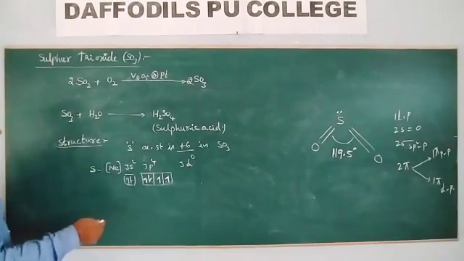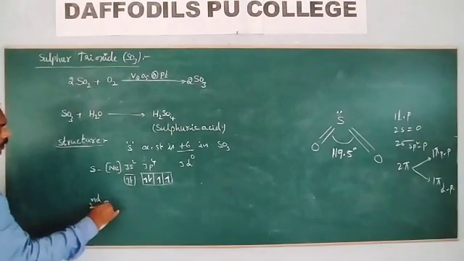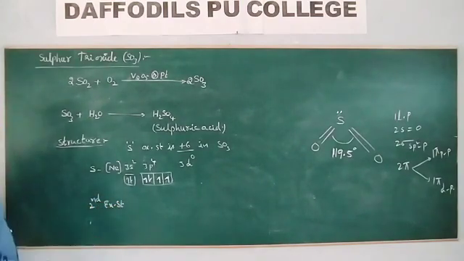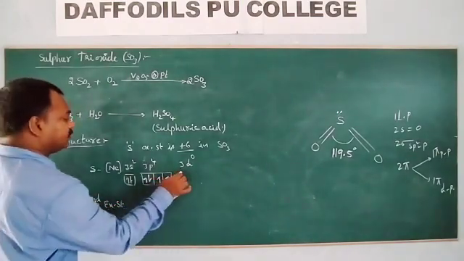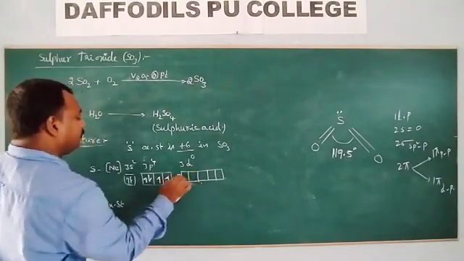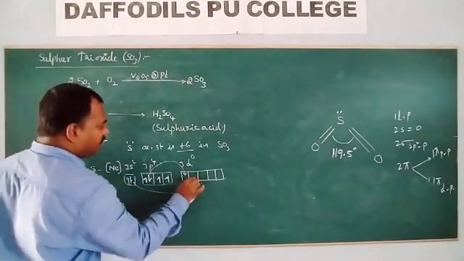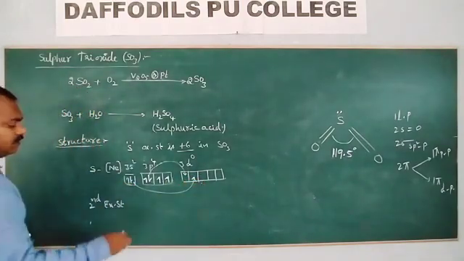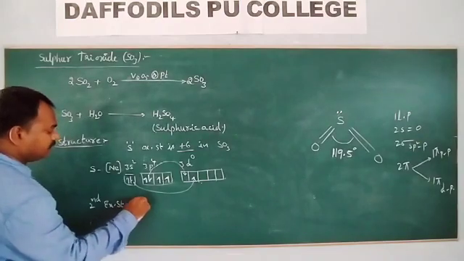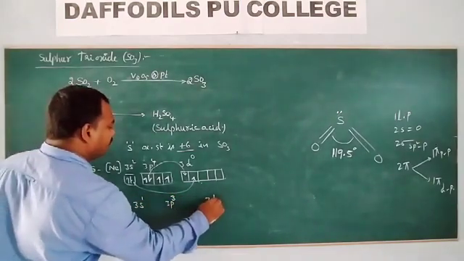Now I am going for the second excited state. In the second excited state, what happens? This paired electron jumps into the 3d orbital. This paired electron also jumps into the 3d orbital. So it becomes 3s1, 3p3, and this is 3d.